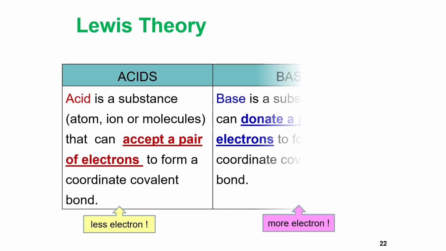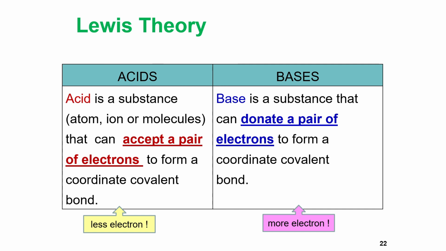Okay, last one ialah Lewis definition for acid and base. So according to Lewis, acid is a substance that accept an electron pair. So kalau dia boleh accept sepasang elektron, meaning molekul ni ataupun substance ni mesti kurang elektron supaya dia boleh accept elektron.